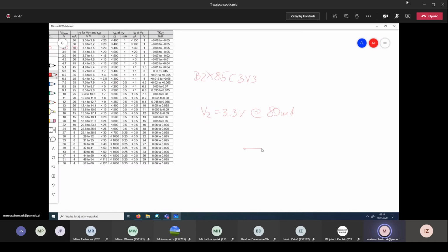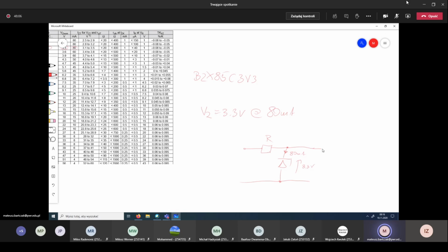Let's say here we have the resistor, and here we have our Zener diode. When we have 80 milliamps here, then the voltage drop will be equal to 3.3 volts.